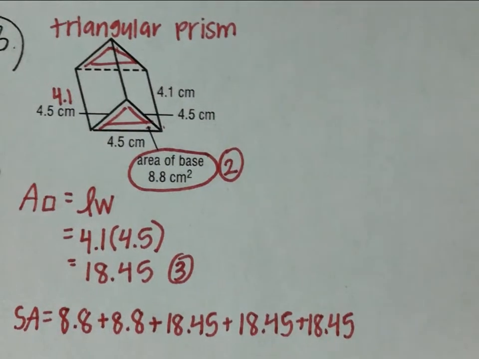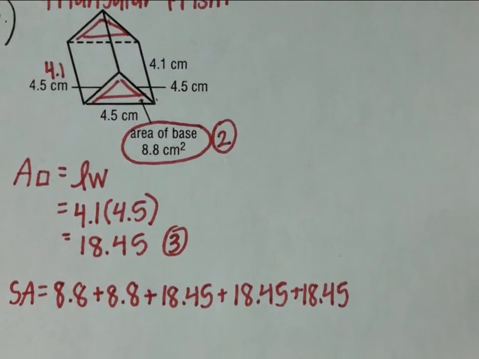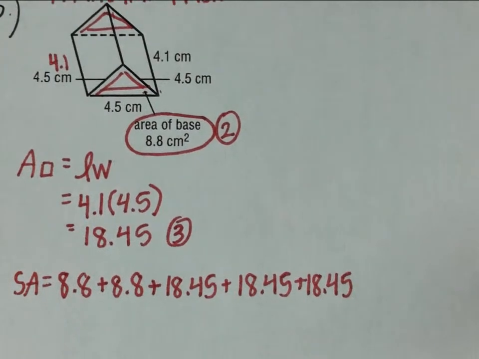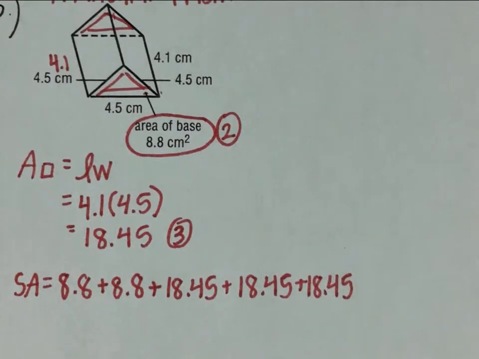So you've got 2 8.8s and 3 18.45s. Now could I write this in a different way and say 2 times 8.8 plus 3 times 18.45? Yes, you can. I didn't do it right here just so when you're looking back at this, you know that you've got to add them all together.